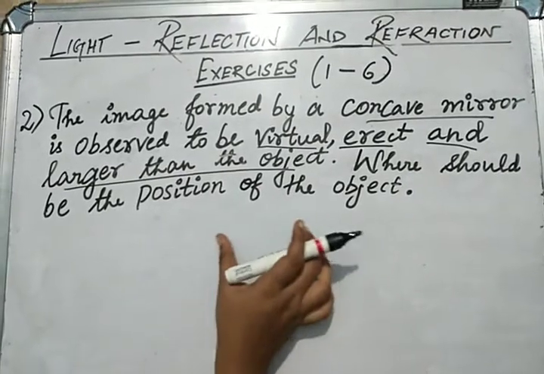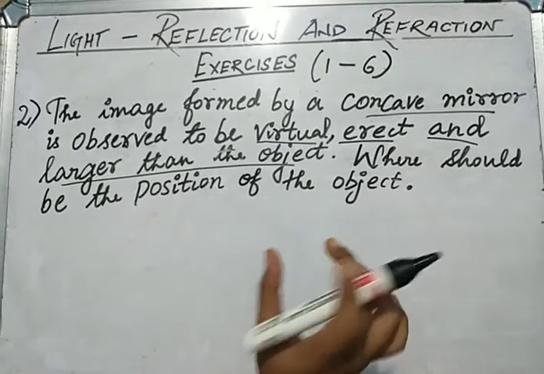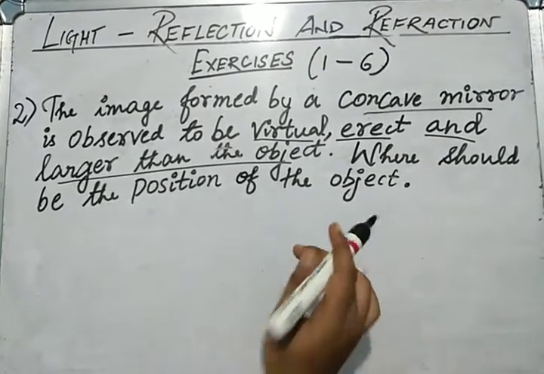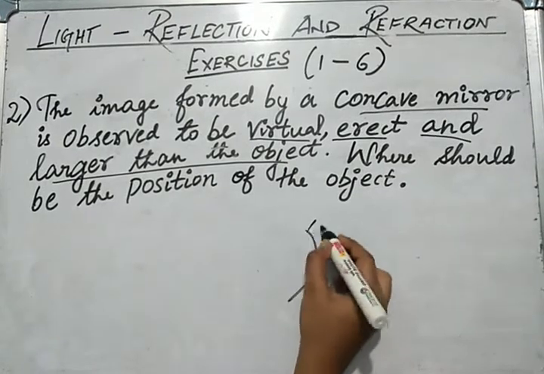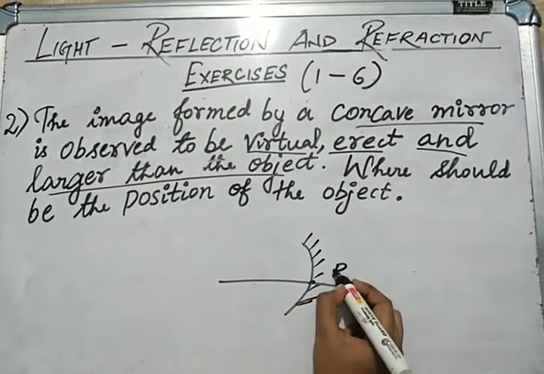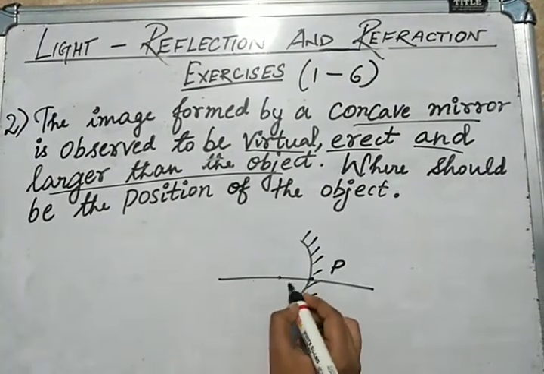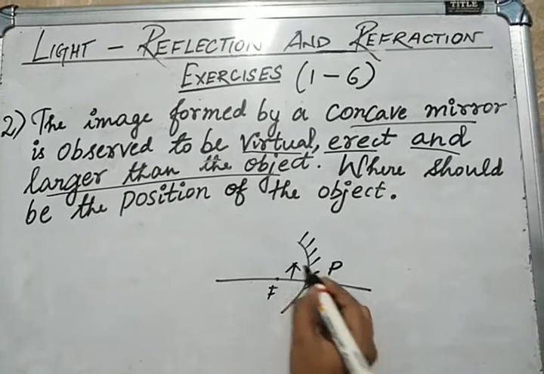So where should the object be? We saw that the object was between the pole and the principal focus, right?